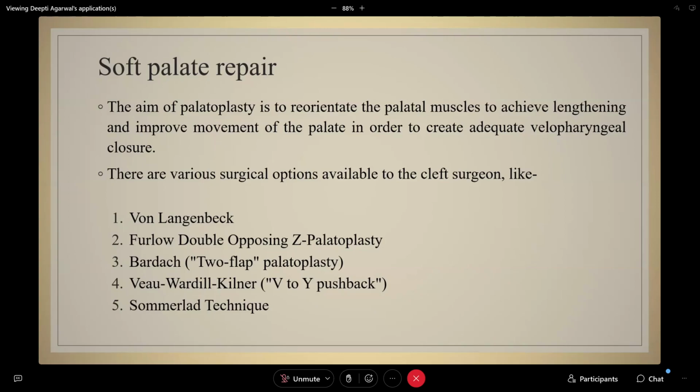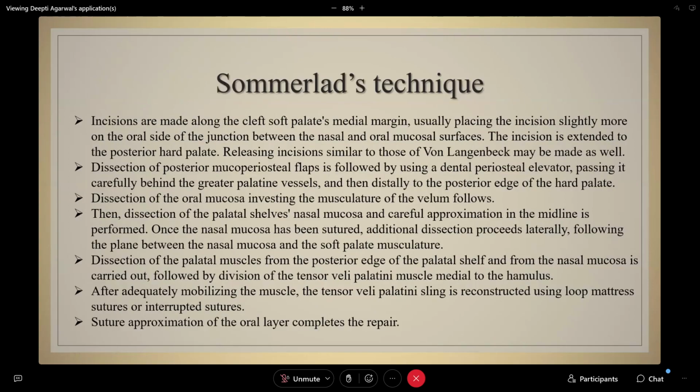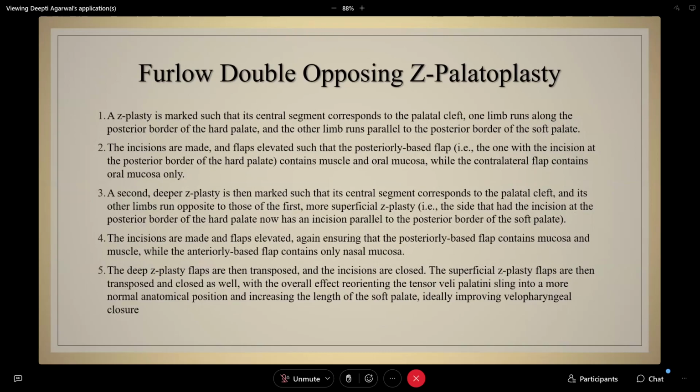There are various surgical options available, like von Langenbeck, Furlow double opposing Z palatoplasty, Bardach two flap palatoplasty, Veau-Wardill-Kilner V-Y pushback, and Sommerlad's technique. I will describe Sommerlad's technique and Furlow double opposing Z palatoplasty.